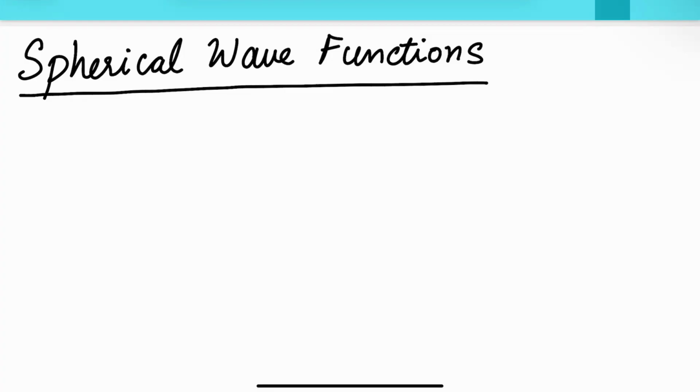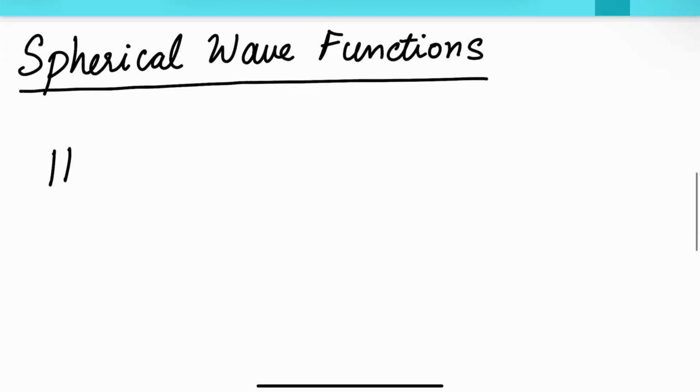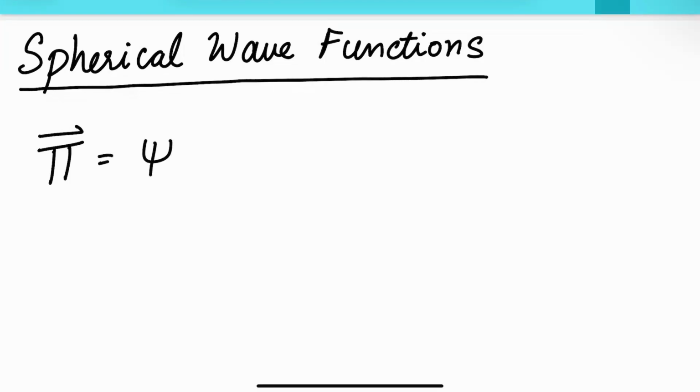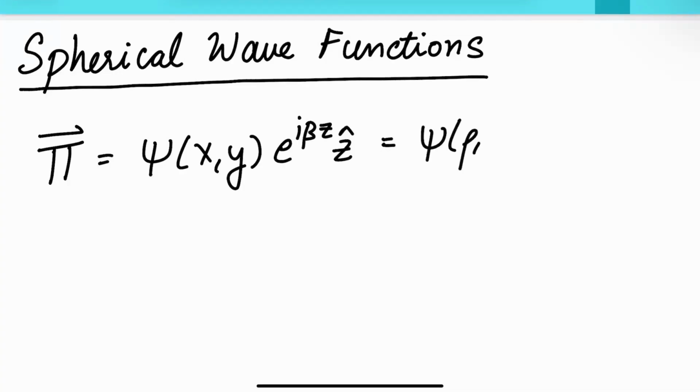As I said, we did Cartesian and cylindrical coordinates, and the general approach there was to say that if I have some kind of Hertz vector potential, I can disintegrate that into two parts, e to the i beta z, z hat, or I could also write this as psi of rho comma phi, e to the i beta z, z hat.